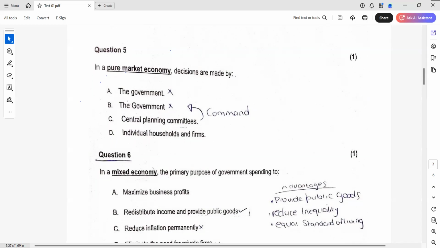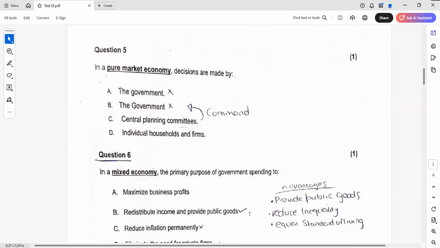So we just have to look at who makes that decision. Obviously, because they own the resources, they are the ones who make the decisions, the individuals, the households. So the answer is a giveaway now because I've explained. The first one is the government. The government will not make decisions here in a pure market economy.